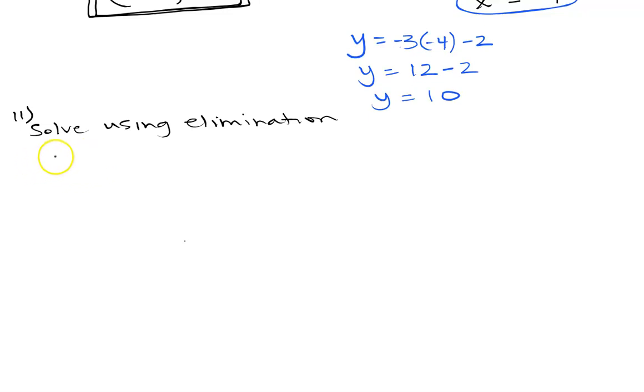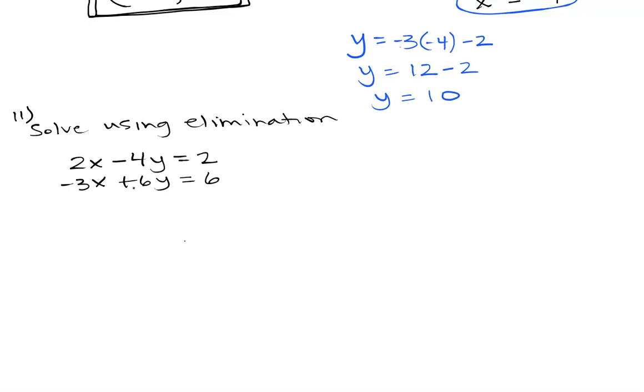All right, so this one says 2x minus 4y equals 2. And then the second equation says negative 3x plus 6y equals 6. So first thing you need to decide is, are you going to try and eliminate the x's first or the y's first?